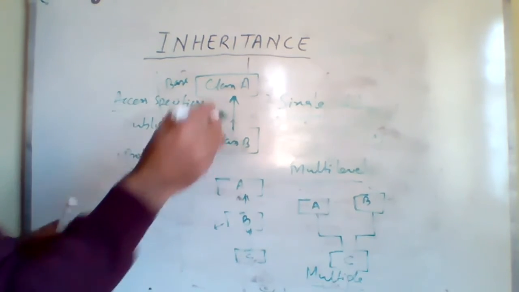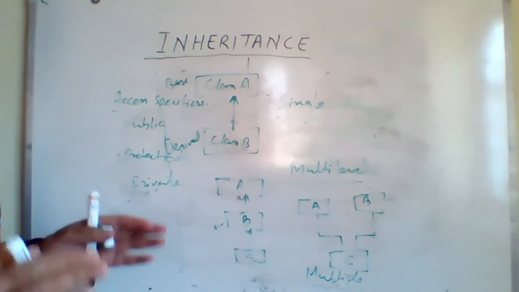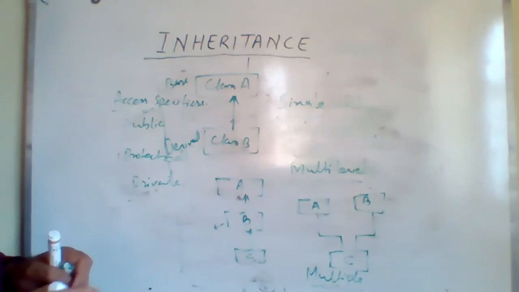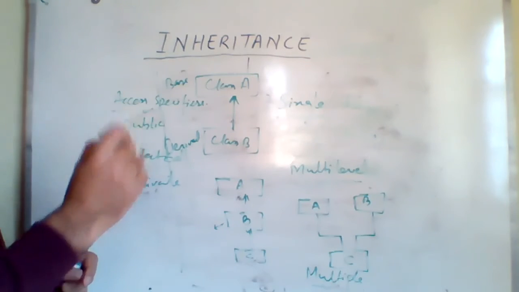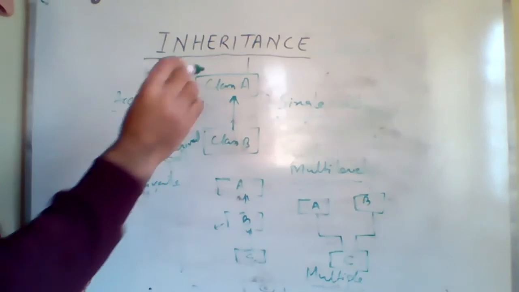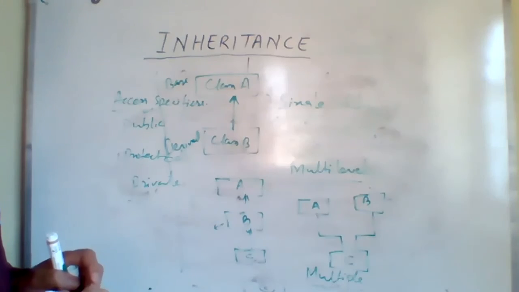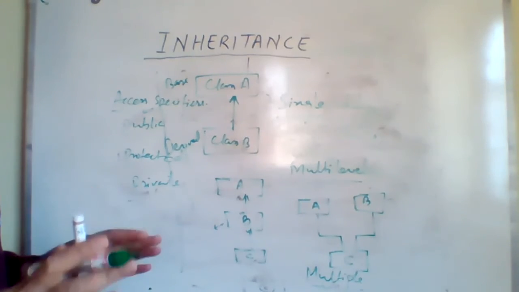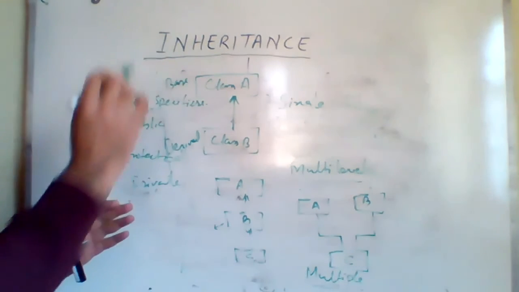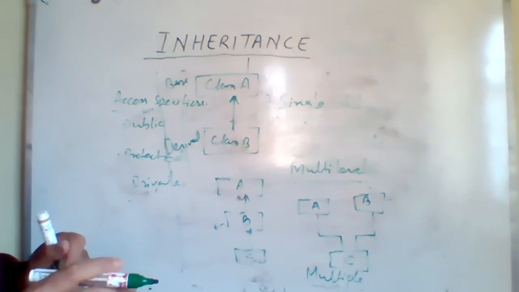When class B is inheriting from class A and we say that it is public inheritance, the mode is public, what happens at that time? The public members of class A become the public members of class B. The protected members of class A become the protected members of class B. And the last thing you should remember is that private members declared inside a class are never inherited. That is a security feature.